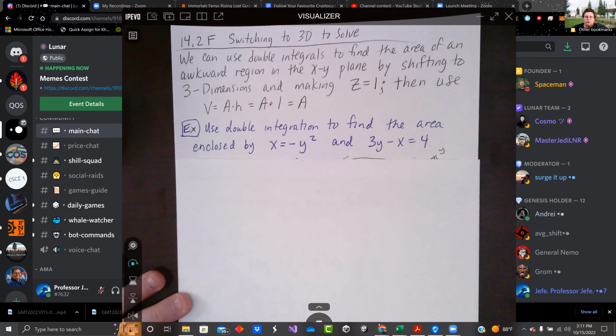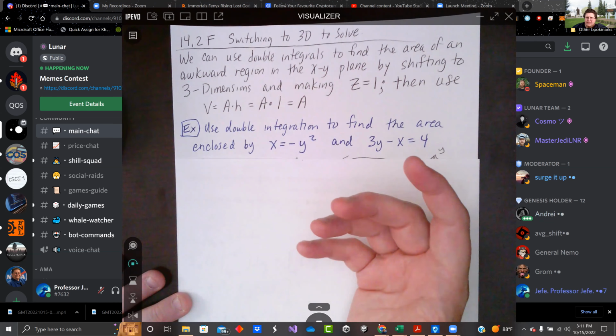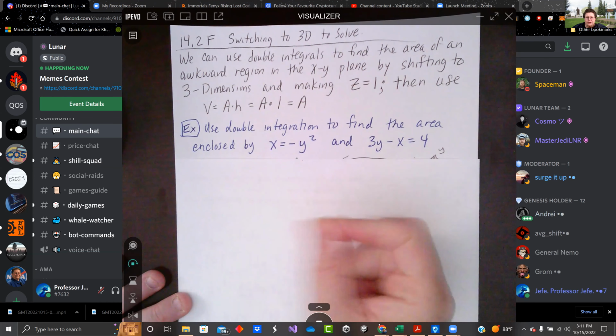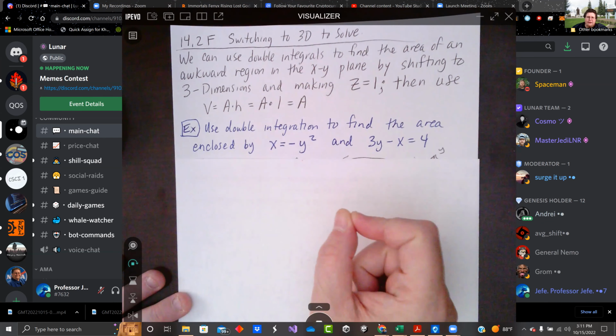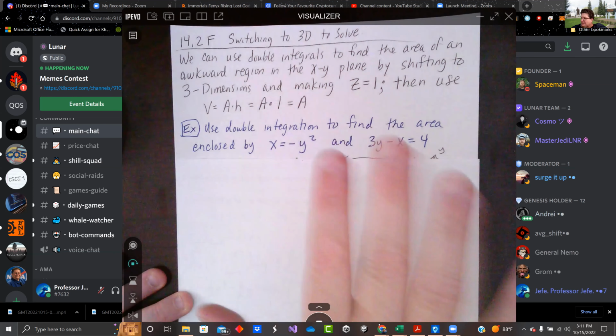We could have a difficult region to integrate in the XY plane that's hard to integrate in one dimension, where we're just doing one integral. If we switch to two integrals, it becomes easier, but we need an upper surface.